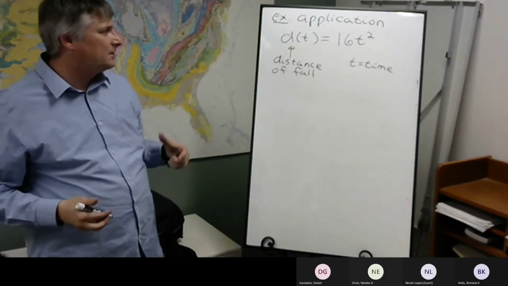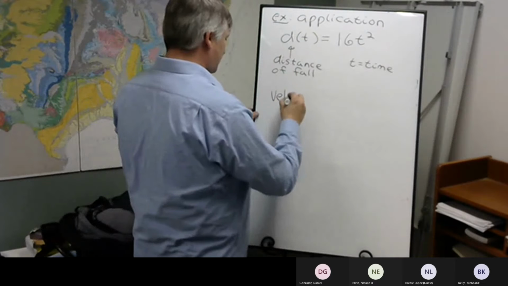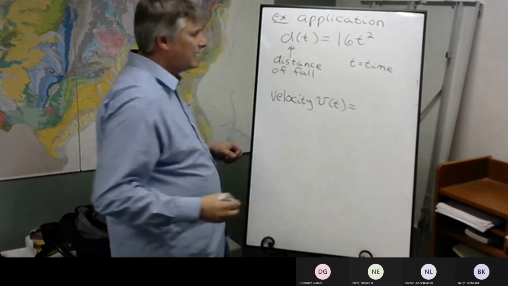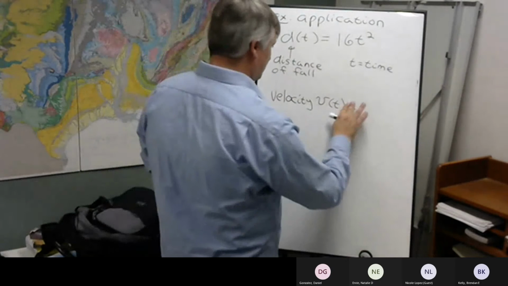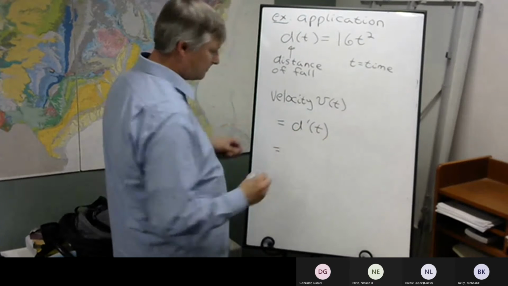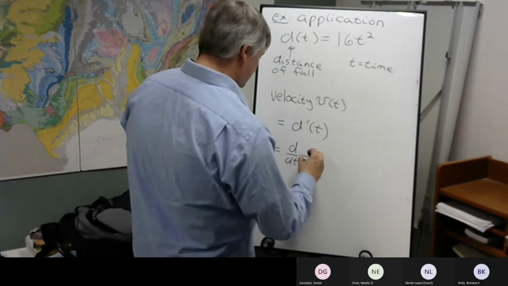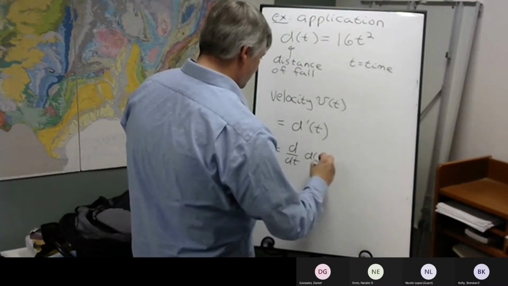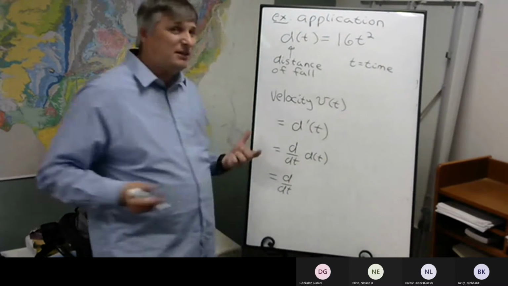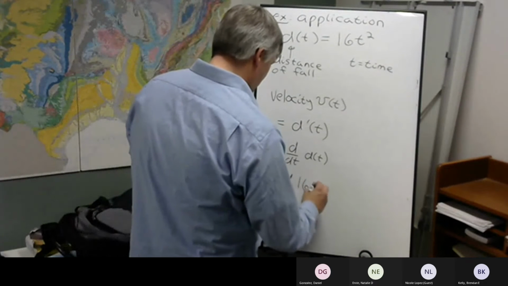So the distance is going to be like our f of x. The velocity, v of t, is equal to the first derivative, d prime of t, or d dt of d of t, which is d dt, and we're using dt instead of dx because we changed our independent variable, of 16t squared.